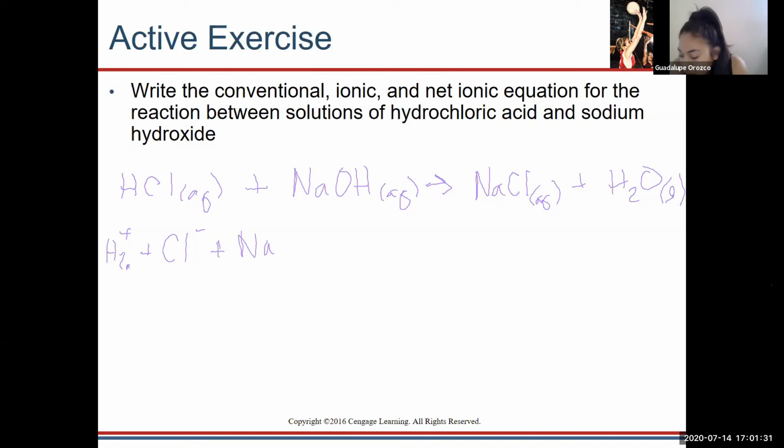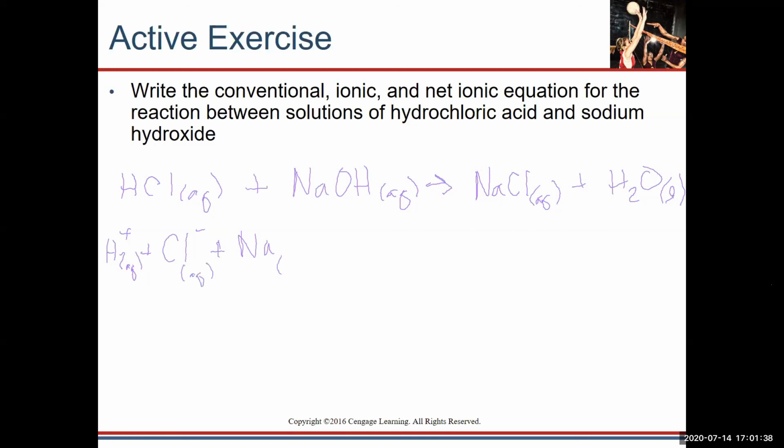So that one's aqueous, this one's aqueous, this one's aqueous. And then plus OH, Na plus, OH negative, aqueous. And that's going to be Na plus aqueous plus Cl negative aqueous plus H2O.